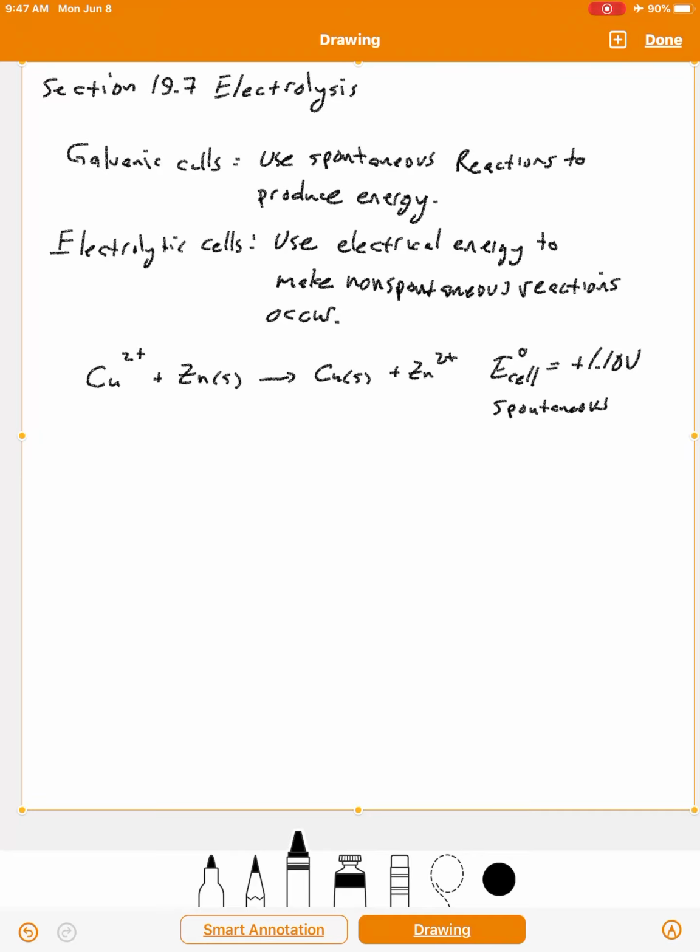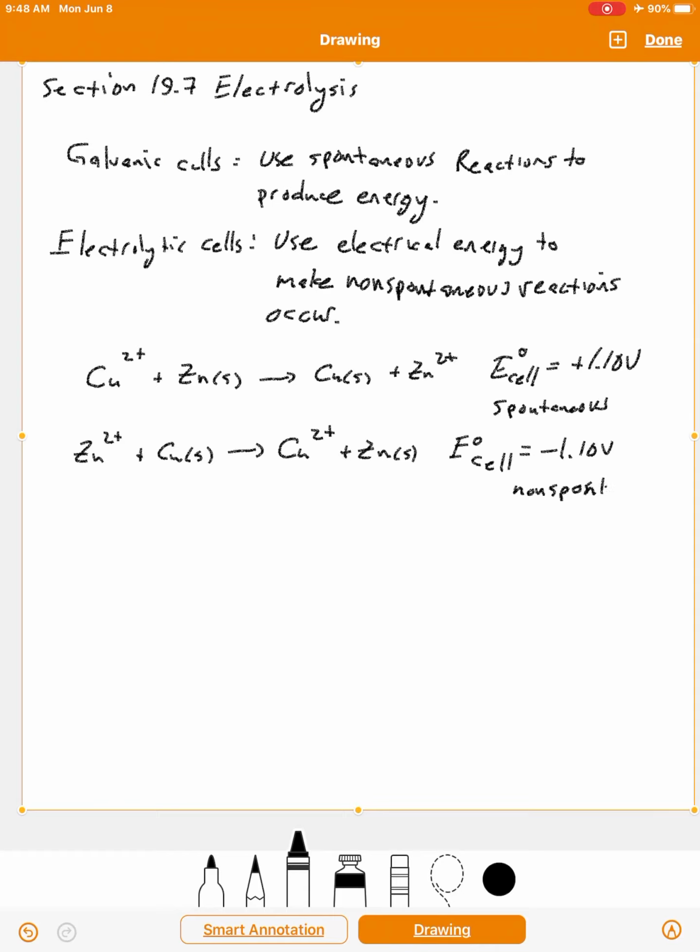But what about the reverse of that? What if we were trying to get zinc 2 to react with copper to form copper 2 and zinc? Well, the cell potential there would just be the opposite. It would just be minus 1.10 volts, right? It's negative, so it's non-spontaneous.